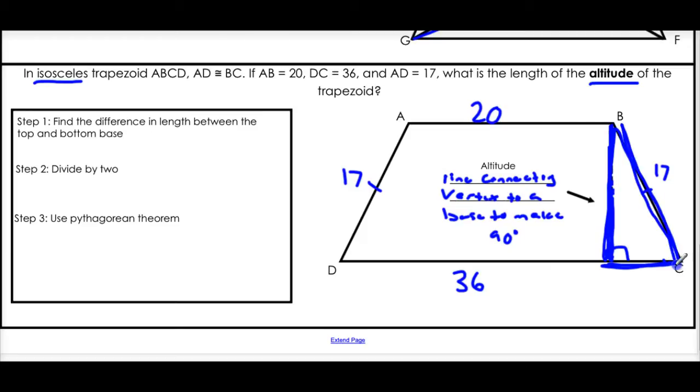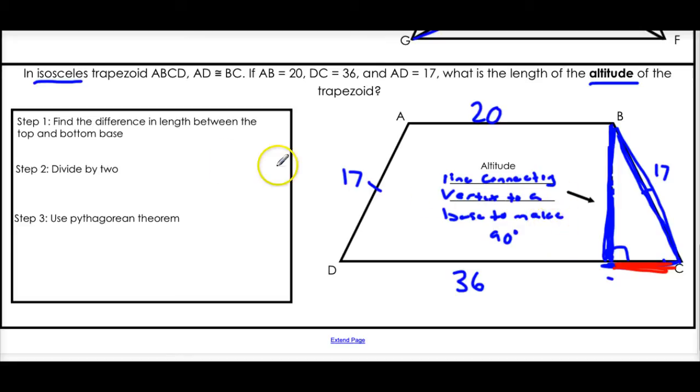I have a right triangle right here. And if you remember from our past lessons, we know how to find the missing side of right triangles, if only we knew two sides. So if I could find out what this missing part is down here, I can find out what the other missing side is, right? Because if I have two sides, I can find the third missing side. And how am I going to do that?